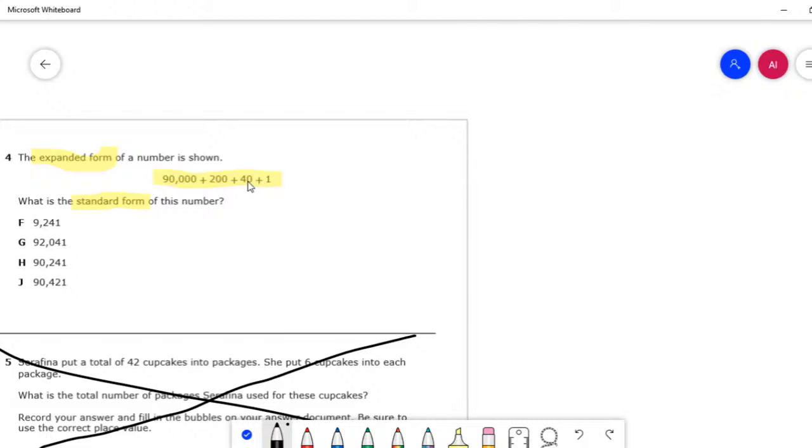So first, let's talk about what the place values are. The place values are each specific value inside of a number.